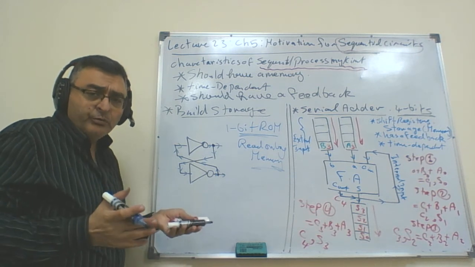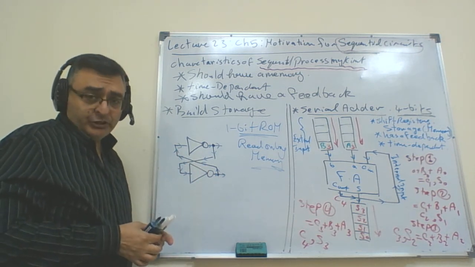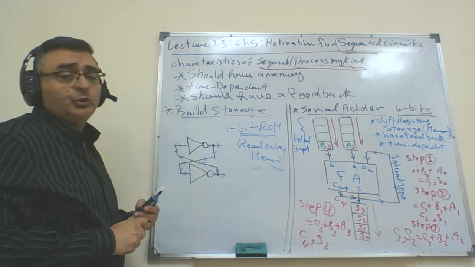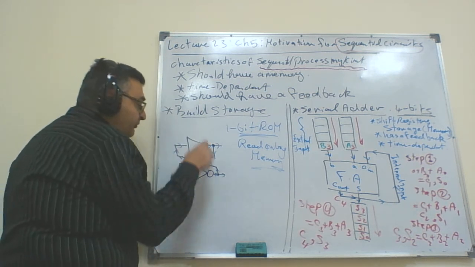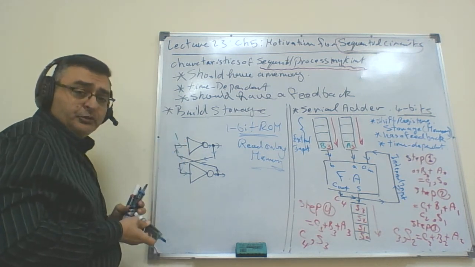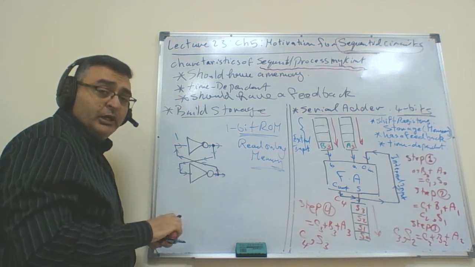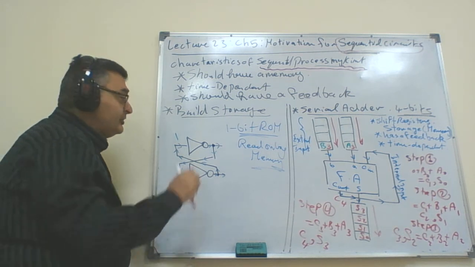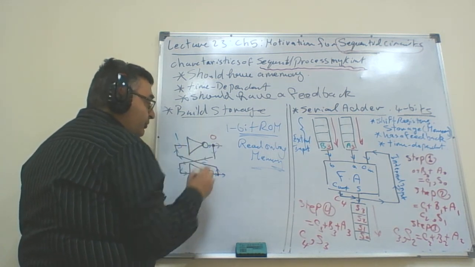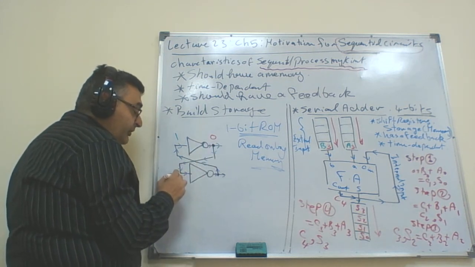So how does this act as a storage? At manufacturing time, if you originally manufactured this and applied some logic 1 here at that input, this automatically means the inverter will change this input to 0, and this 0 is connected to the feedback of this inverter.